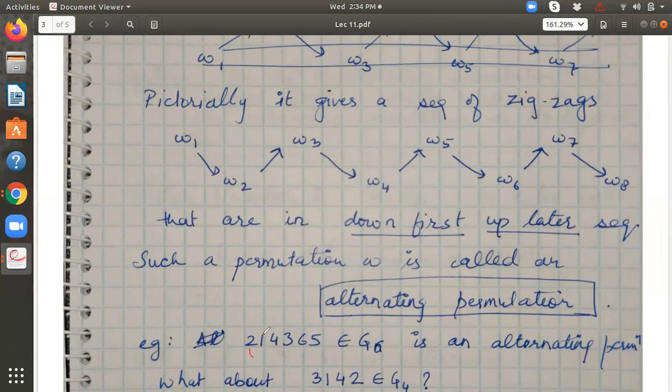From 1, 1 is smaller than 4, so from 1 you go up. 4 is bigger than 3, which means you went down. 3 is smaller than 6, so you went up. 6 is larger than 5, so you went down. So you see, you have actually made an alternating path of zigzags with down first.